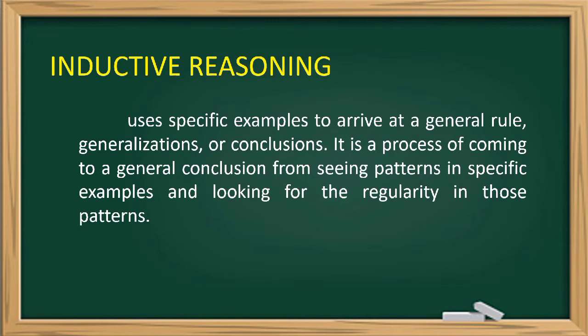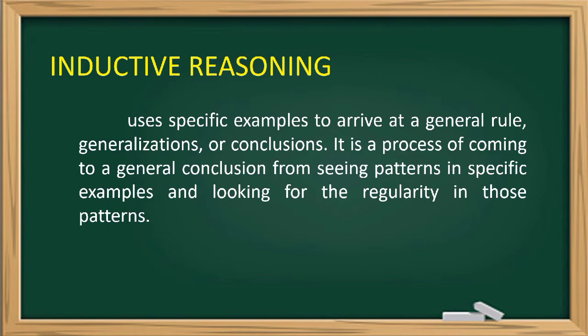It is a process of coming to a general conclusion from seeing patterns in specific examples and looking for the regularity in those patterns. In short, we draw a conclusion based on specific examples or events.